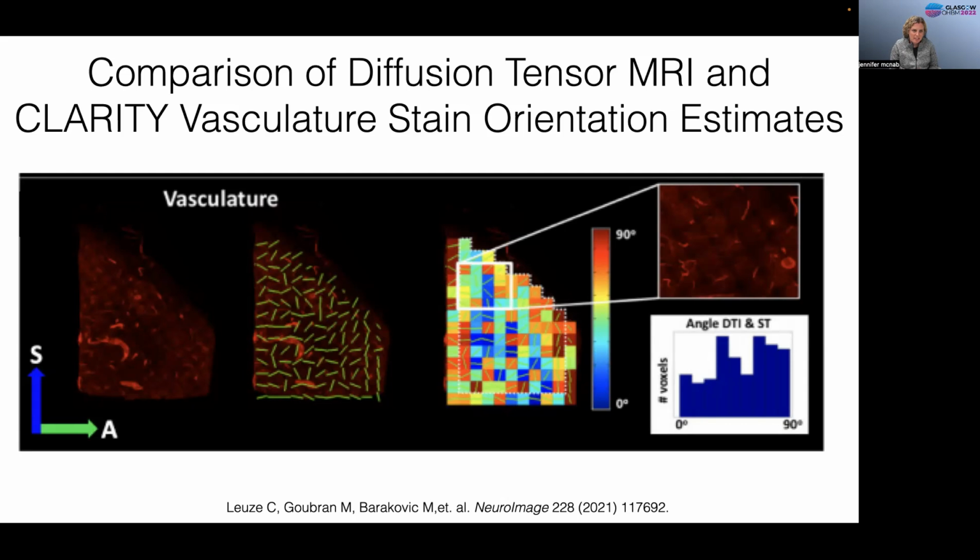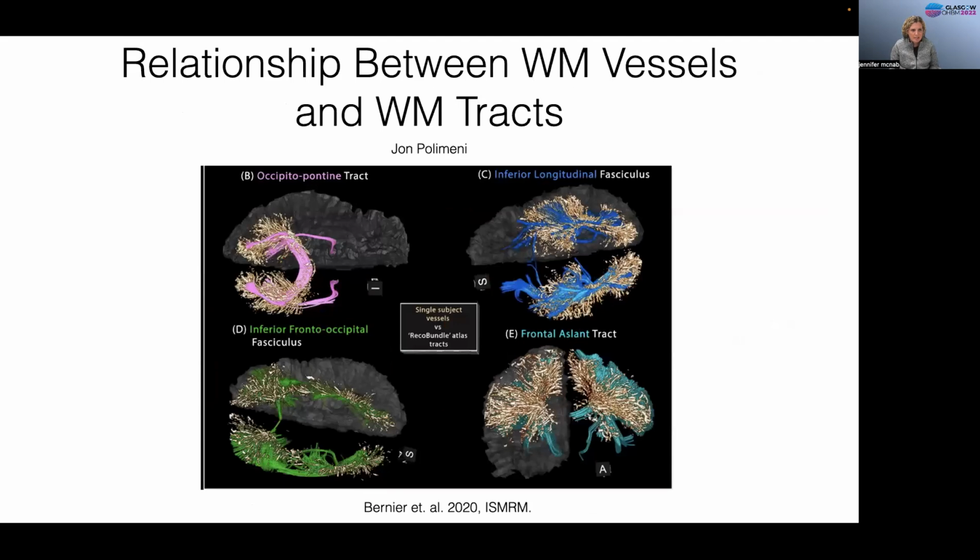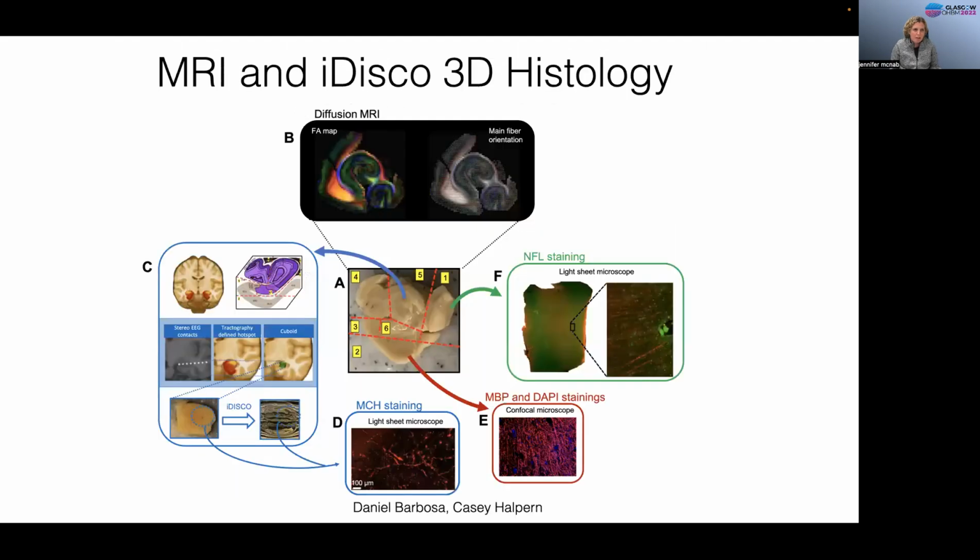And in this case, we didn't see any correspondence between the 2. It is interesting though, because it has been shown that the vasculature does tend to run along similar orientations to a lot of the white matter tracks. And there's some open questions about how this might impact some fMRI measures as well.